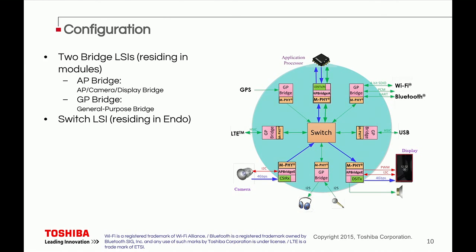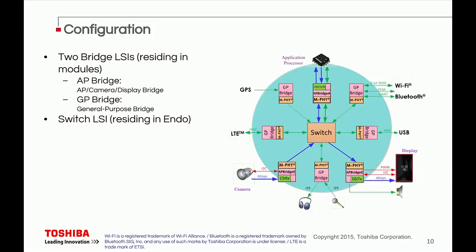The AP bridge puts it into a UniPro packet, sends it into the switch, and depending on where it has to go, if it's a JPEG stream, it probably just goes directly to the display. So the switch sends it over to the other AP bridge hooked up to the display. The AP bridge of the display will depacketize that packet and send it into the display, and you see the image from the camera. So that's a very high-level view of what it looks like.